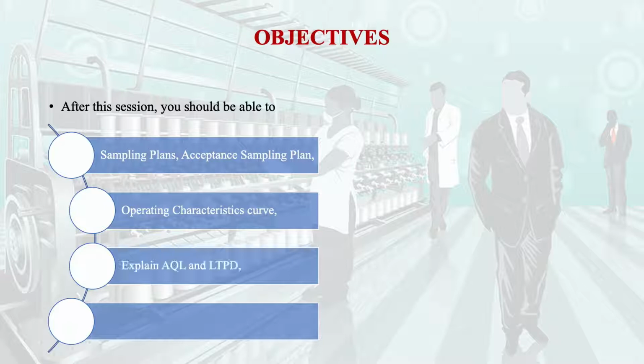We will also explain AQL, that is accepted quality level, and LTPD, lot tolerance percentage defect. Then we will also describe the producer risk and the consumer risk in the coming session.